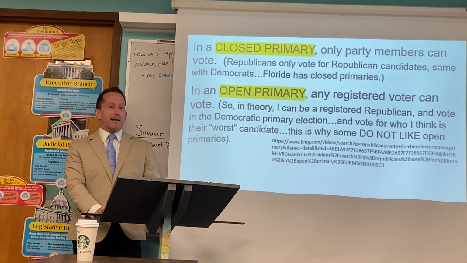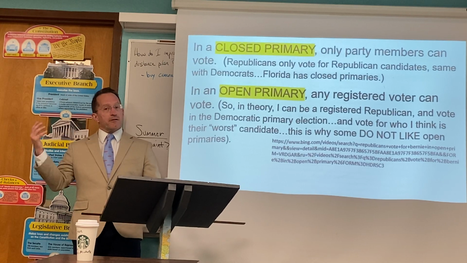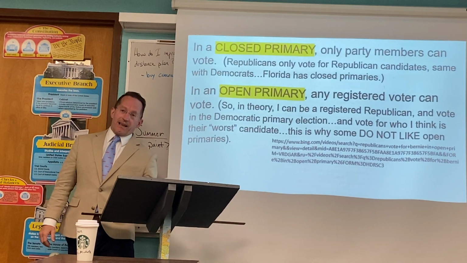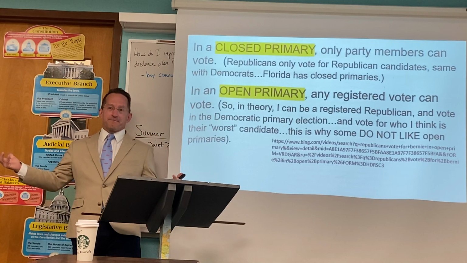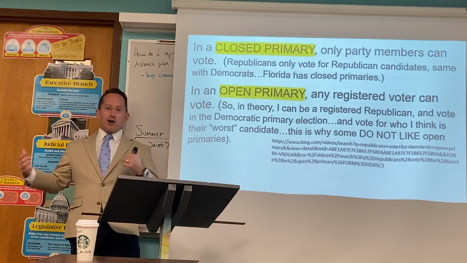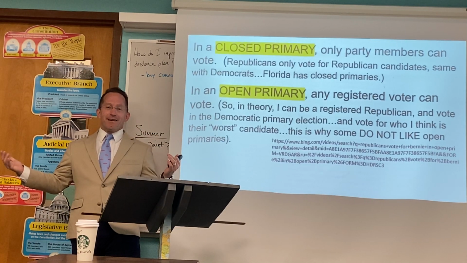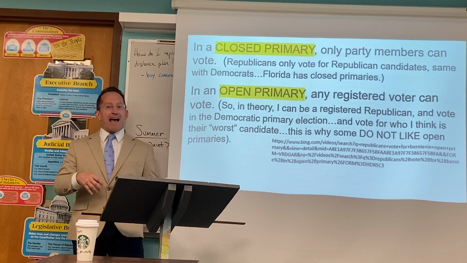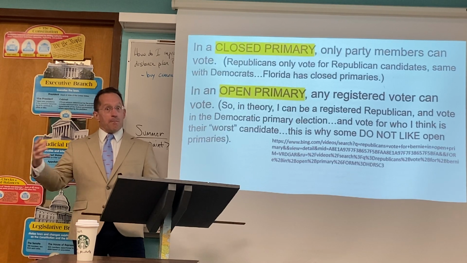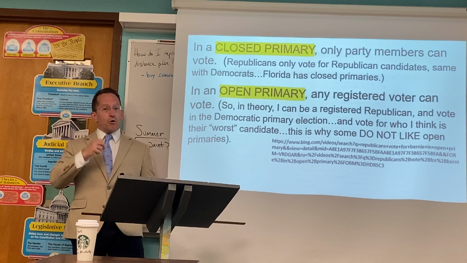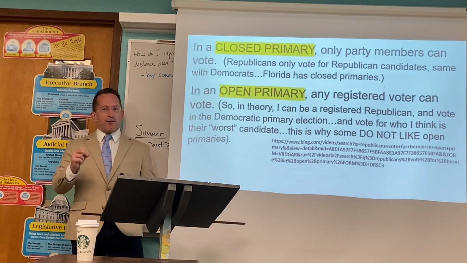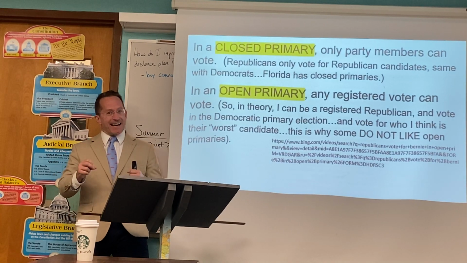So Republicans were voting in the Democratic primary for Bernie Sanders because they think Donald Trump has a better chance of beating Bernie Sanders than Joe Biden. And they even had a plan on it. They called this Operation Chaos. They were going to create chaos and havoc for the Democratic Party by purposely voting for who they thought was the worst Democratic presidential candidate.